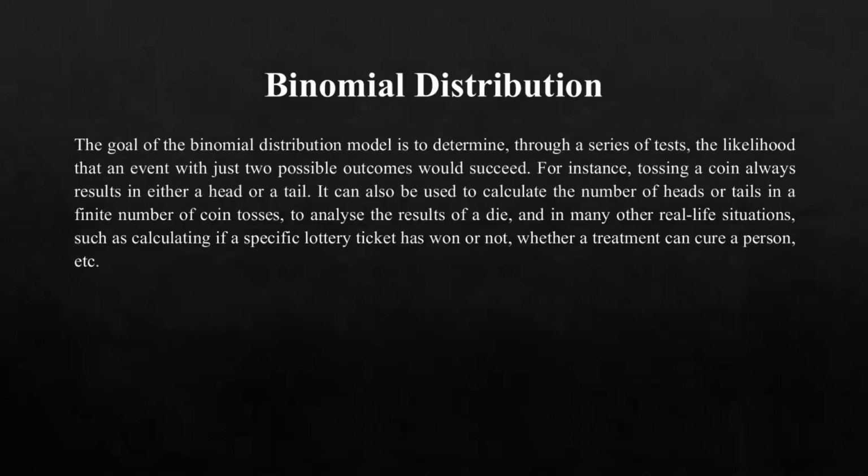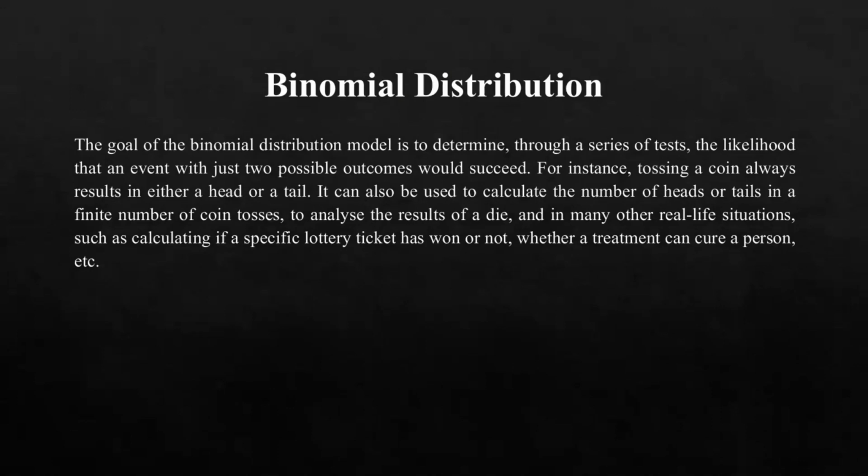So let's see what is actually a binomial distribution. The goal of the binomial distribution model is to determine, through a series of tests, the likelihood that an event with just two possible outcomes would succeed. For instance, tossing a coin always results in either a head or a tail.